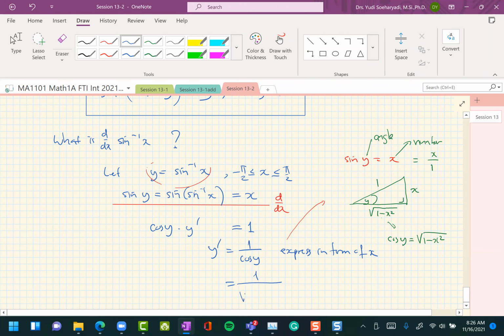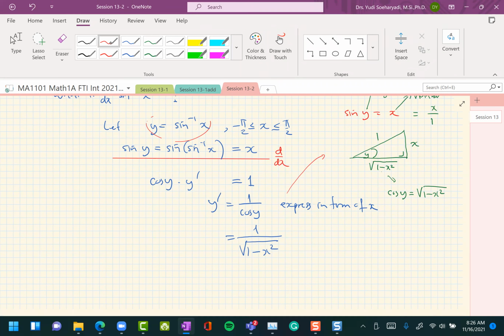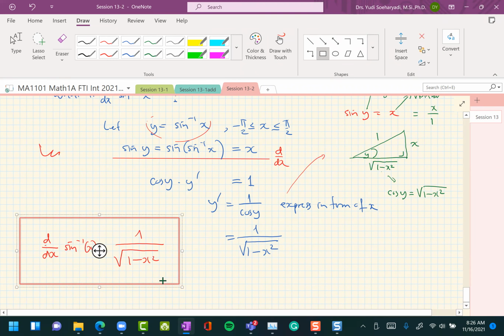So from here we get a formula saying that d/dx is a number. Okay, so that's the trick of computing the derivative of the inverse.